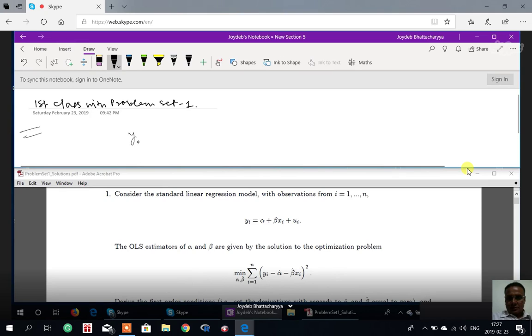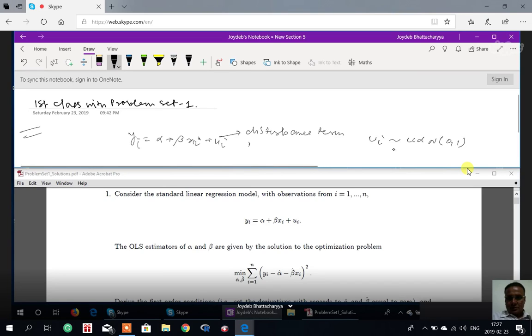You write this: yi is equal to alpha plus beta xi plus ei, where xi is the independent variable and this ei is the disturbance term, and all these ei follow IID normal with 0, 1.